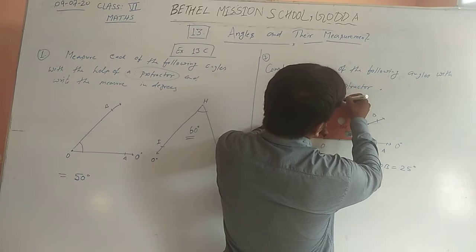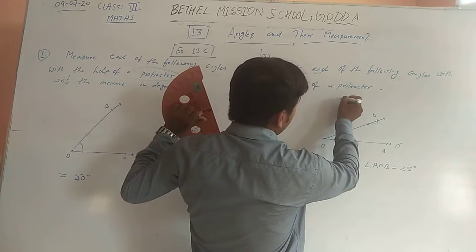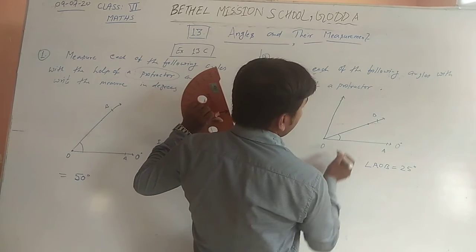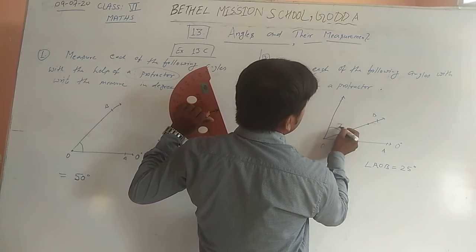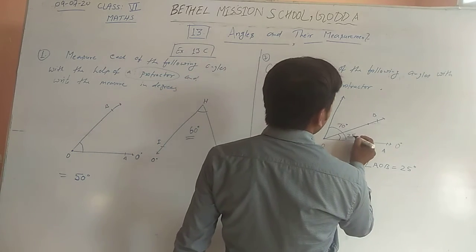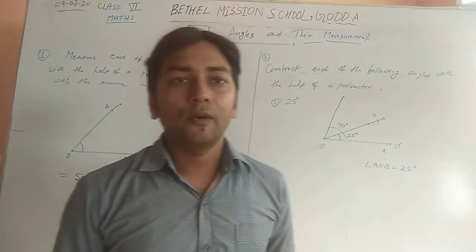Then you can keep one point here at 70 degree, and now you can draw a line up to here, that is 70 degree. Okay, this is 25 degree. Okay, I hope you got it.